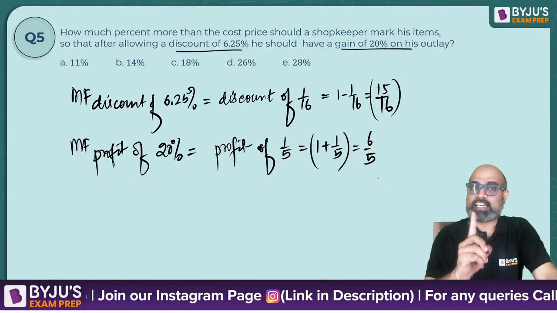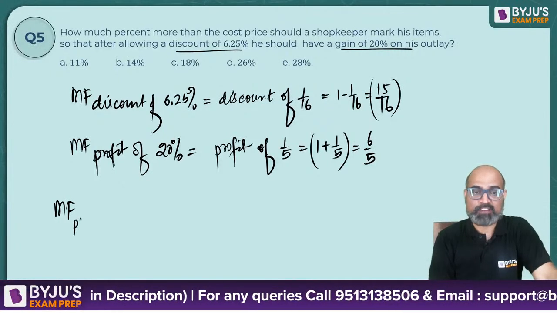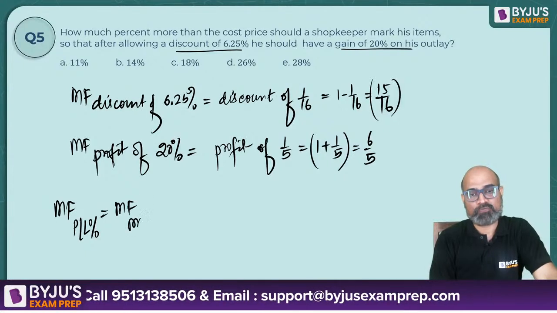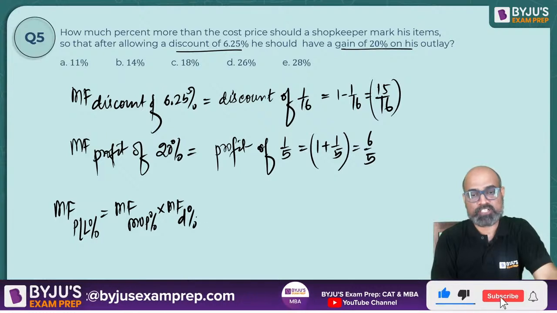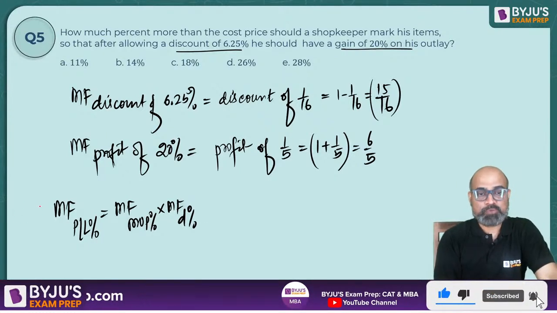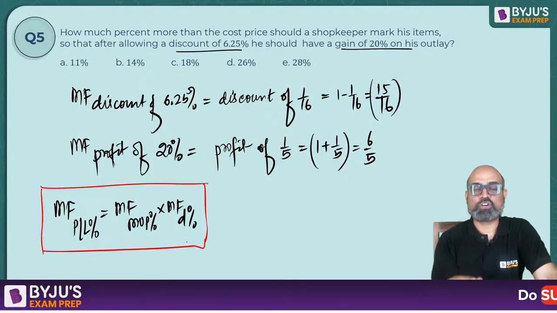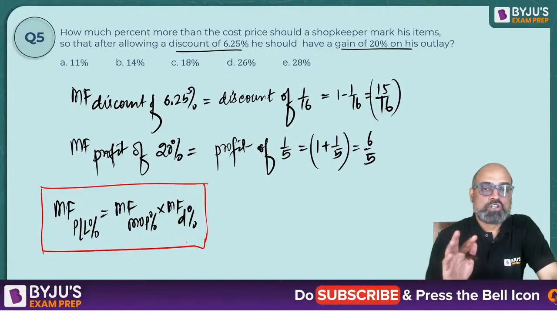Now, in case of profit, loss and discount, you have a formula which says multiplying factor of profit or loss percentage is equal to multiplying factor of markup price percentage into multiplying factor of discount percentage. This formula helps us solve a lot of very complicated questions on profit, loss and discount. Okay?